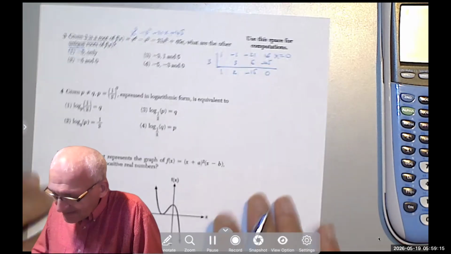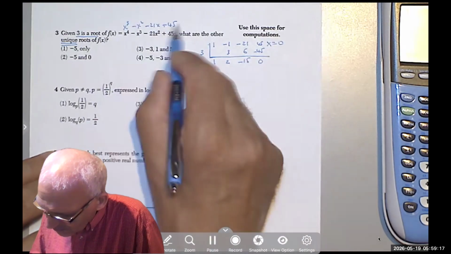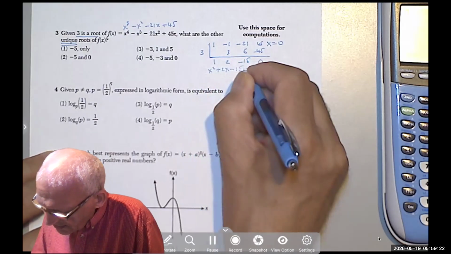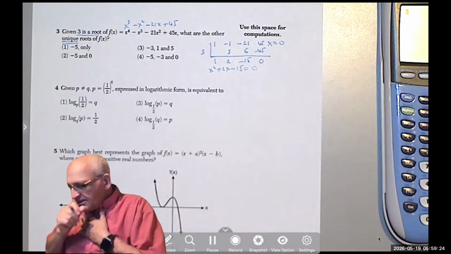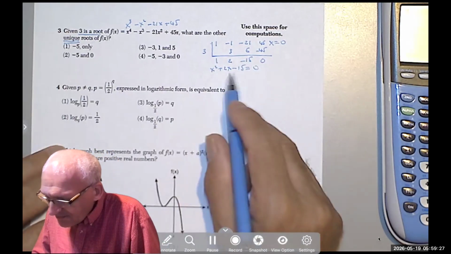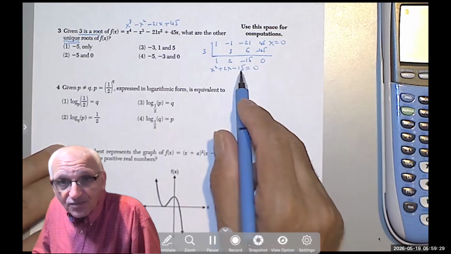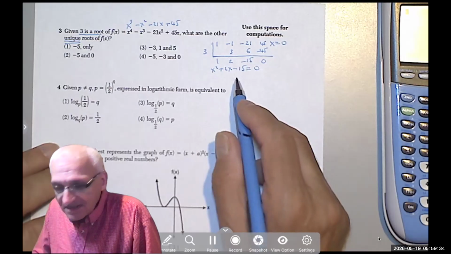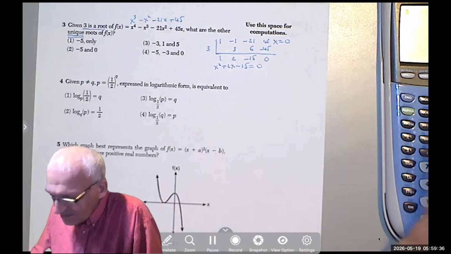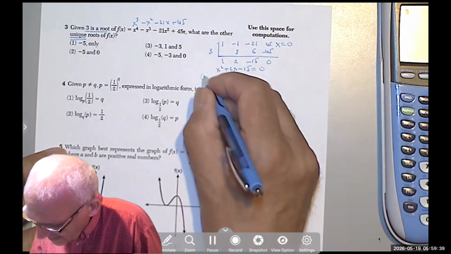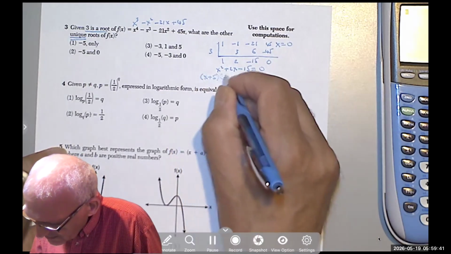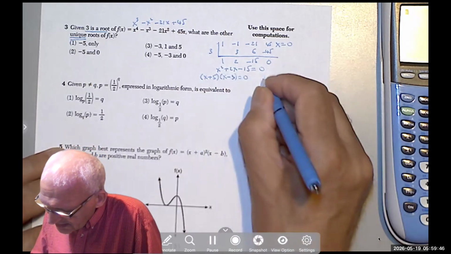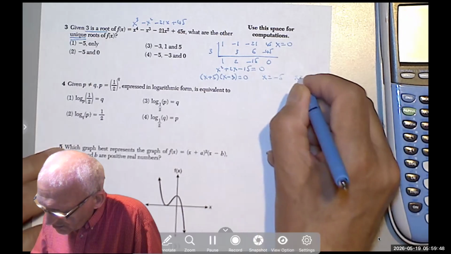So now that reduces the order of this equation. It becomes x squared plus 2x minus 15 equals 0. So I want 2 factors of 15 that when I multiply them, of course, I get -15, but when I add them, I get +2. Of course, the only way you can do that is x plus 5 times x minus 3, right? So you get either x equals -5 or x equals 3.